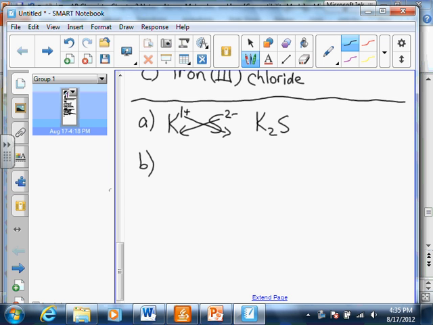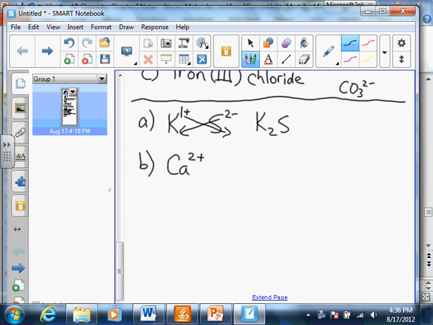B, calcium hydrogen carbonate. Hydrogen carbonate is an example of a polyatomic ion that they might expect you to have memorized. Calcium's a 2 plus because it's in group 2. Carbonate, you might remember, is CO3 2 minus.